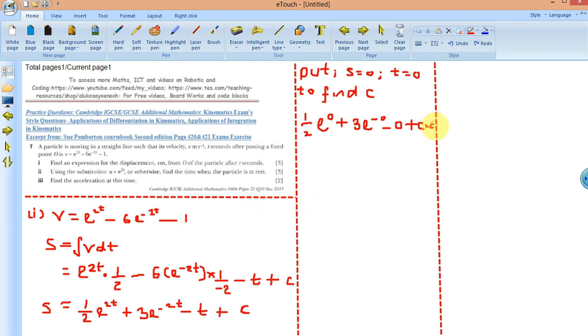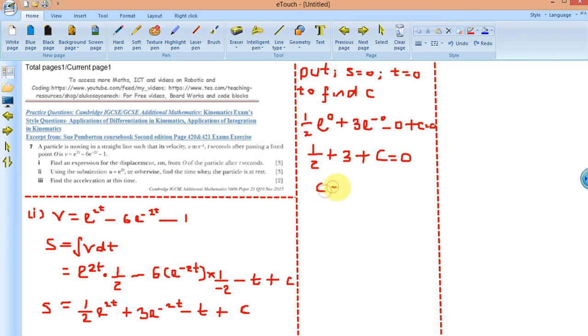Exponential 0 is 1, so that's a half. I need to confirm exponential minus 0. Yeah, guys, I'm not too smart, right? I know it should be 1, but I just want to confirm. So it's 1. So plus 3 times 1, that is 3, plus c equals 0. Therefore you can see that c is 3.5.